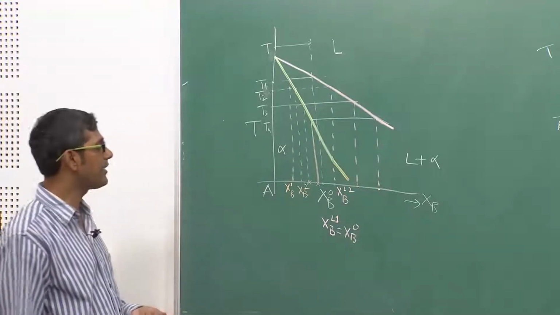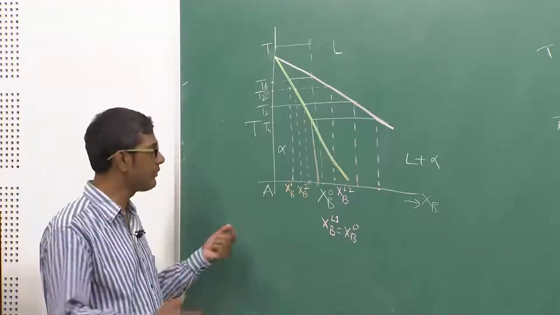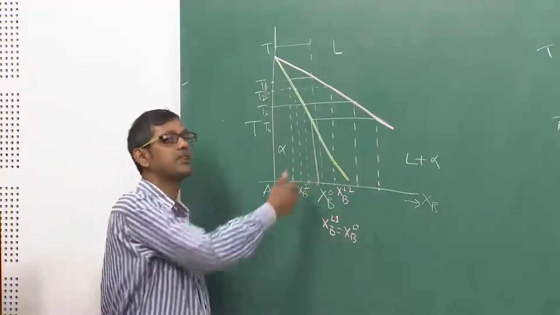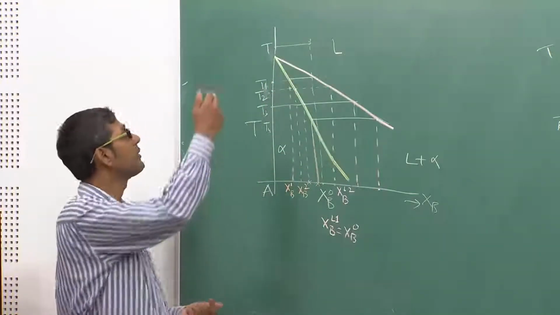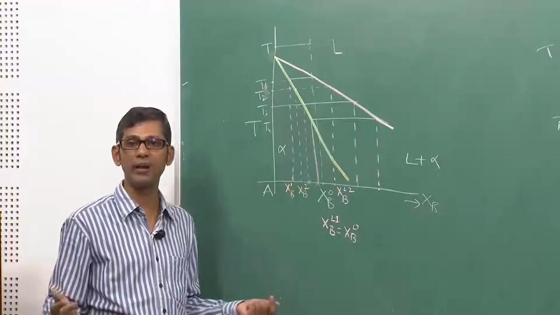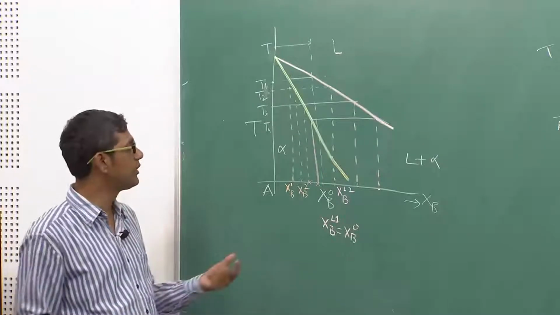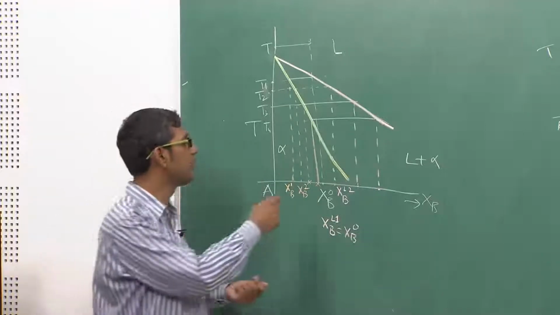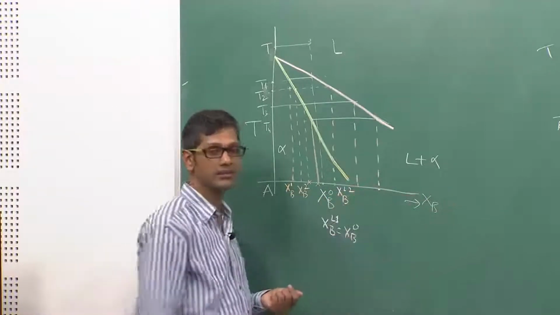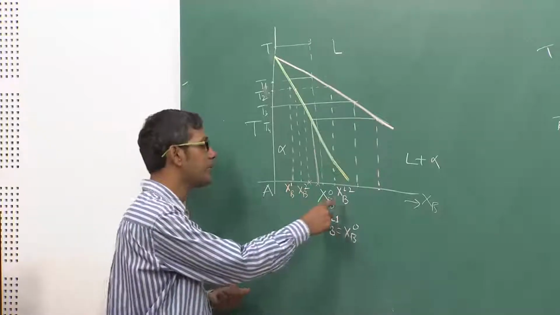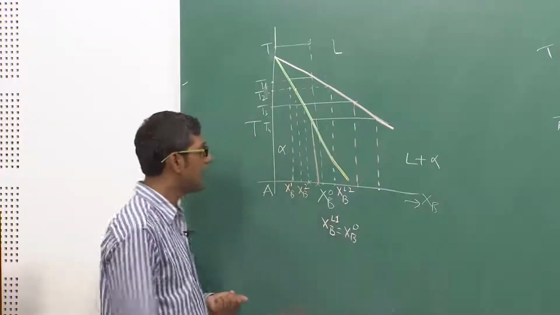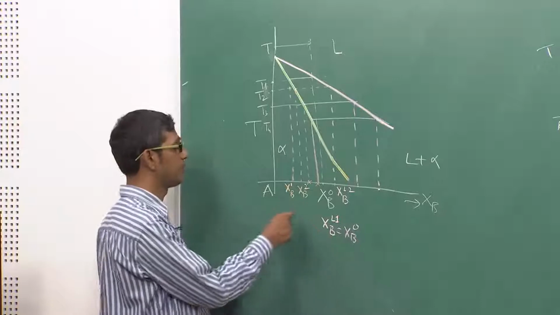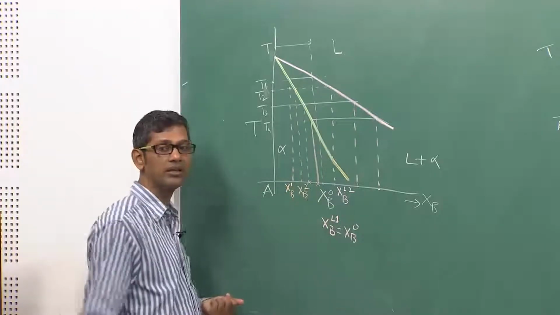So as the system is cooled continuously from high temperature to lower temperature, solidification will happen, and this solidification will lead to solute getting rejected into the liquid. Because of that, liquid composition will further increase. As you see here, liquid composition increased from XB0 to XB2 and further, and solid composition also has increased from XB1 to XB2 and further.